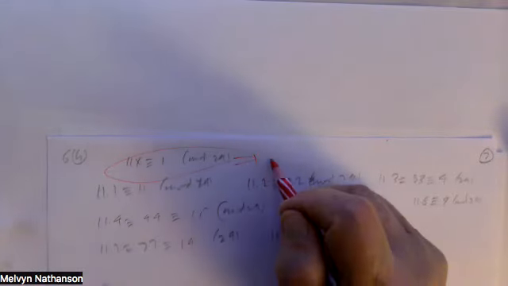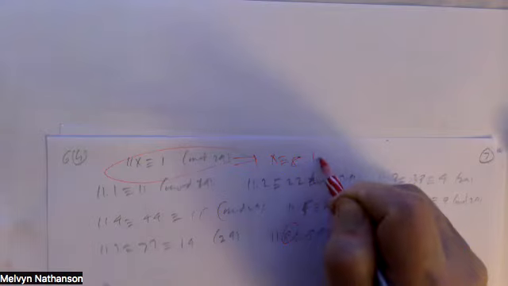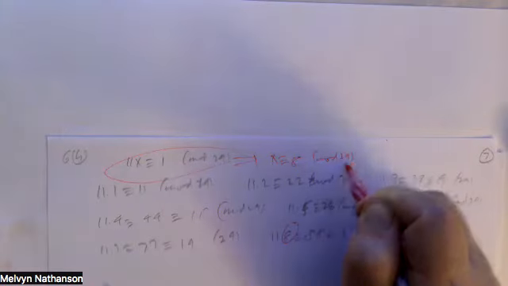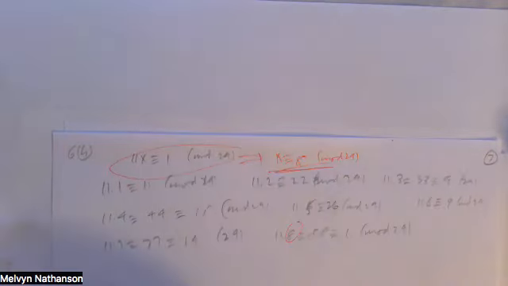This is congruent to 1 mod 29. So this is the winner. 11x congruent to 1 mod 29: x is congruent to 8 mod 29. So any number congruent to 8 mod 29 works.